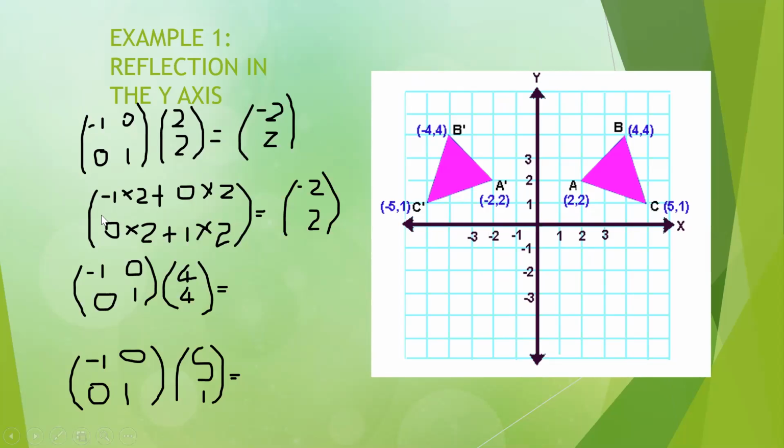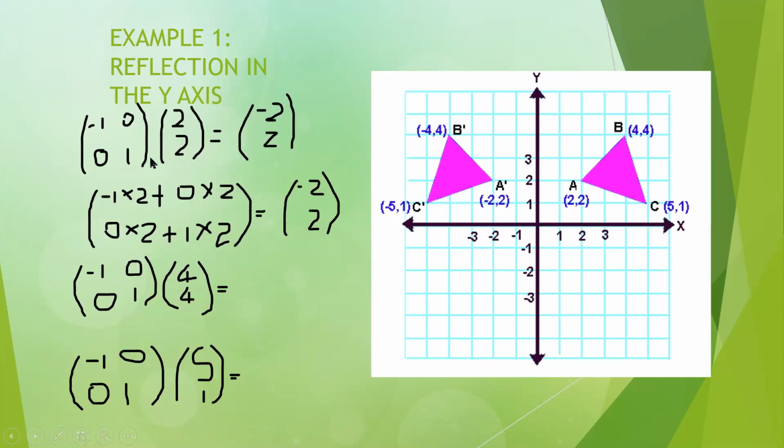You see the answer I have up here? Then you do the second one: 0 times 2 plus 1 times 2. Row by column. I'm doing it again. So for the top, -1 times 2 plus 0 times 2.